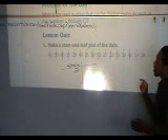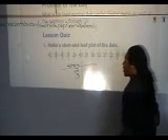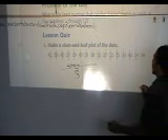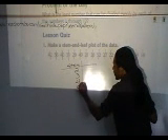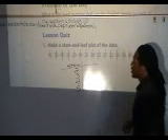We have 30s. We have 40s. We have 50s. And that's it. Okay? All the 20s are going to go on one stem, all the 30s, all the 40s, and all the 50s.